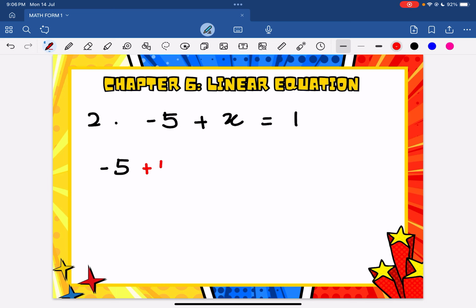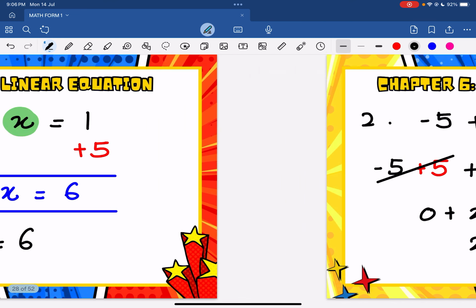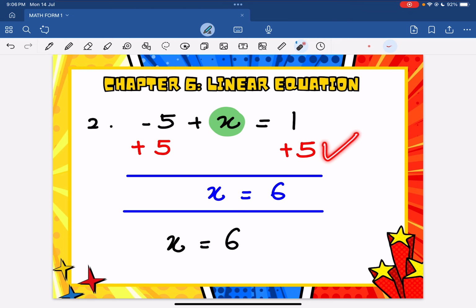This is what I teach in the class. So this one becomes 0 already. 0 plus x equal to 6. x equal to 6. But if you can see this more clearly, you can also do this one.